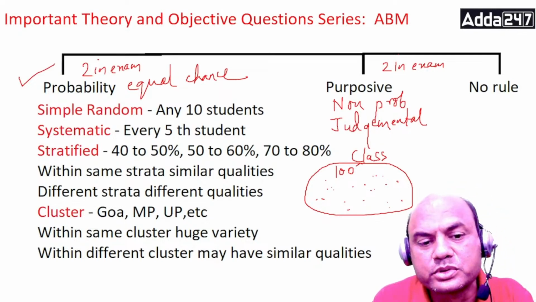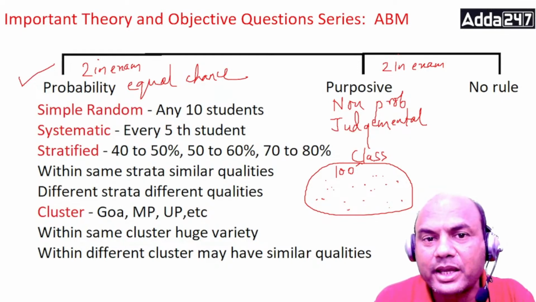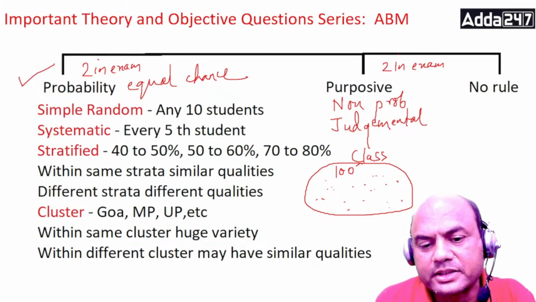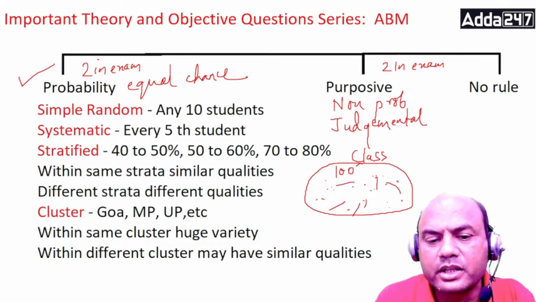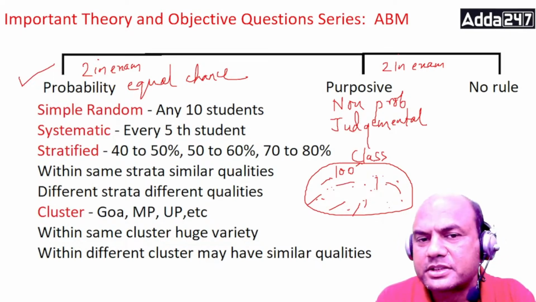Now I have to choose 10 students, any 10. What do I do? I go into the class, close my eyes and touch any 10 students. I don't know who. I'll just walk in the room with my eyes closed and choose these 10 students.